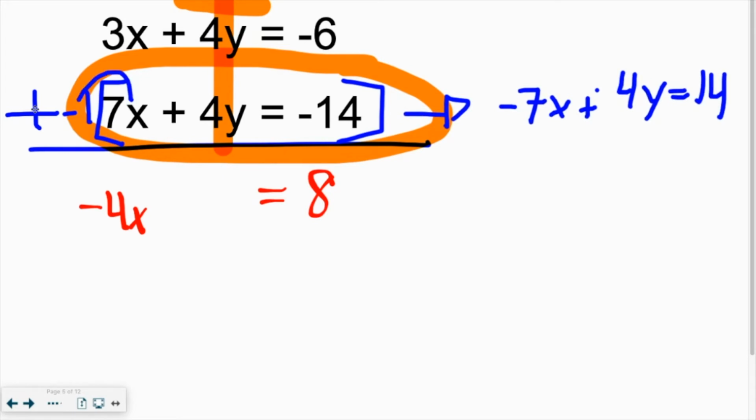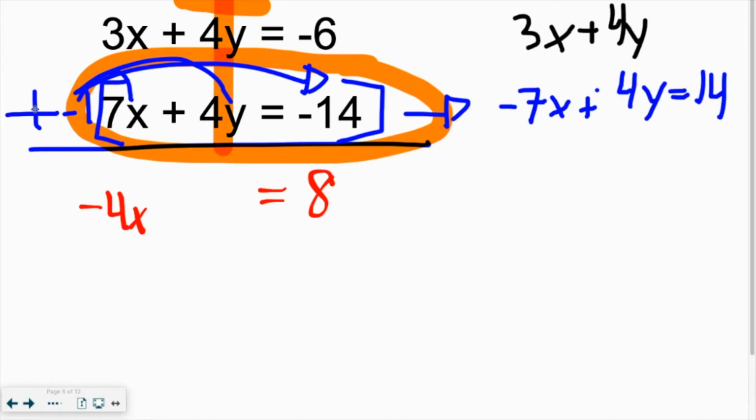Negative 1 times 7, negative 7, negative 1 times 4. And because I'm multiplying the entire equation, that's why there's a bracket, I need to multiply this over here as well. Once I have done that, you'll see me just like I did in the lab before. If you didn't see that, then here you see it now, where I'm going to rewrite that other original equation. Careful, make sure that matches the other one.